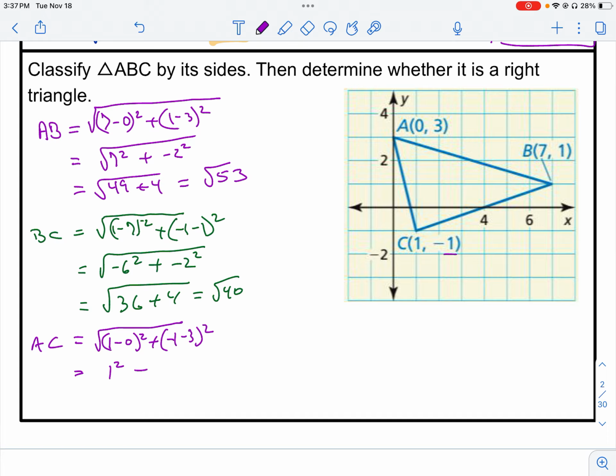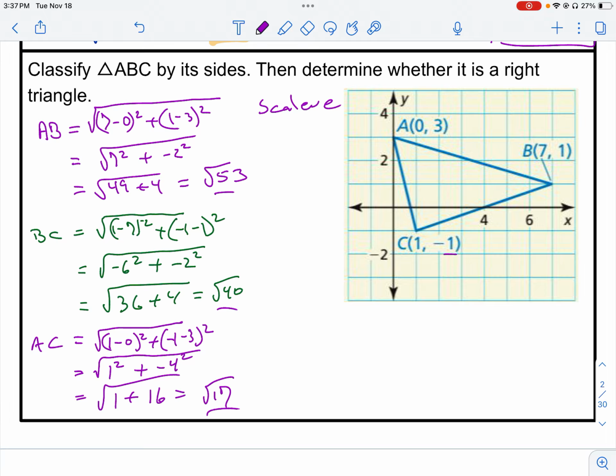So we get 1 squared plus a negative 4 squared. So 1 squared plus 16 equals radical 17. So 53, 40, 17. No two are alike, so it is a scalene triangle.